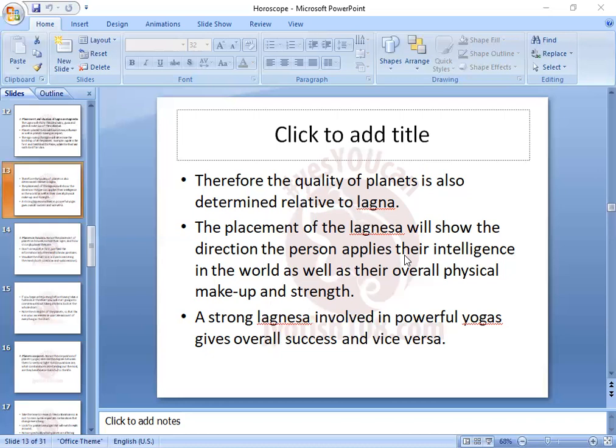The Lagna may be showing something, but the Lagnesha alone will indicate what you actually like or dislike. That is the power of the Lagnesha. I hope I'm being clear. I've been giving out a lot of information in this 13th slide.